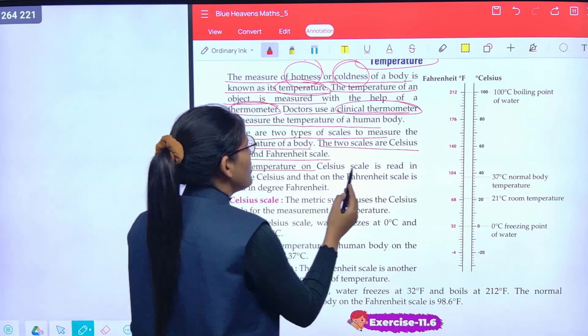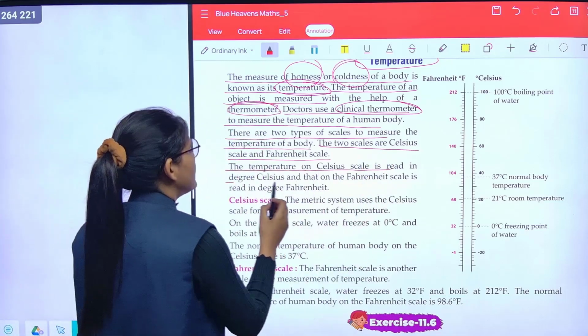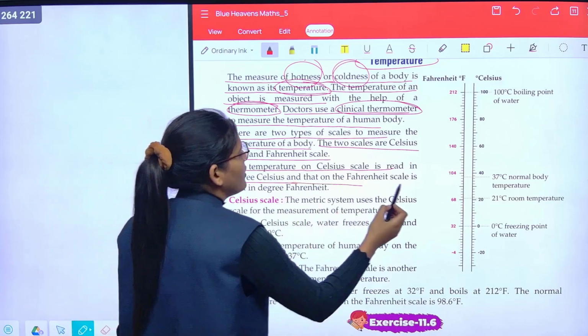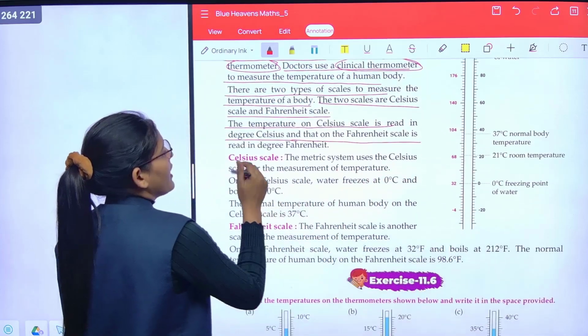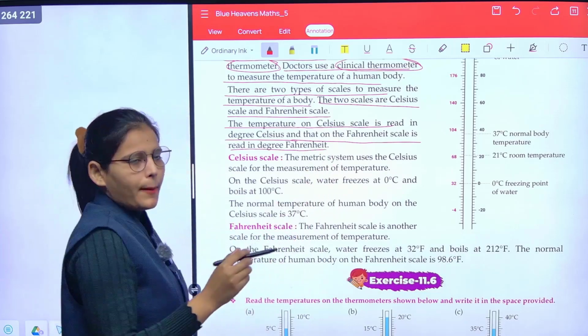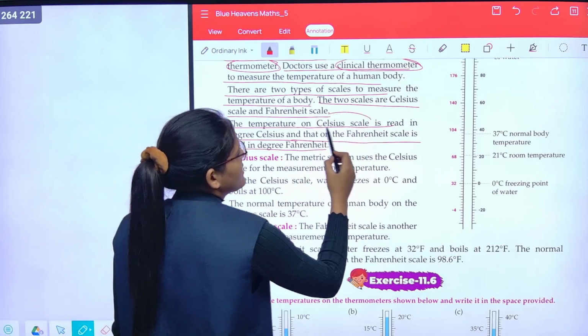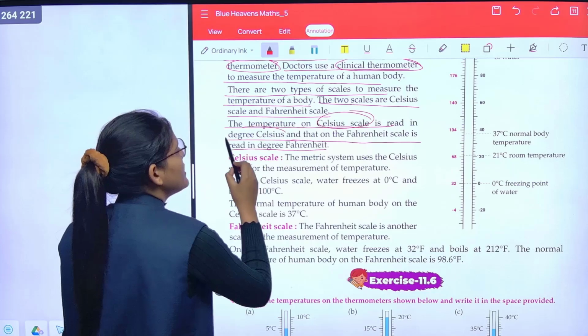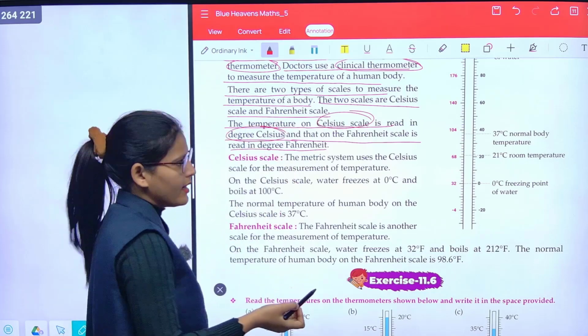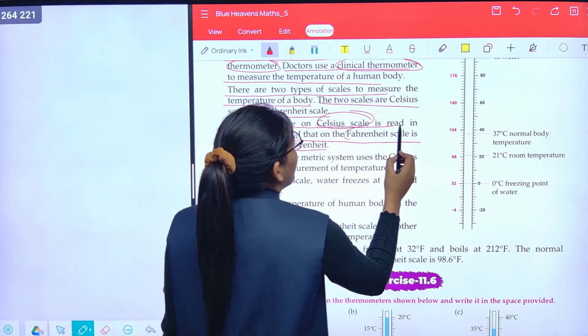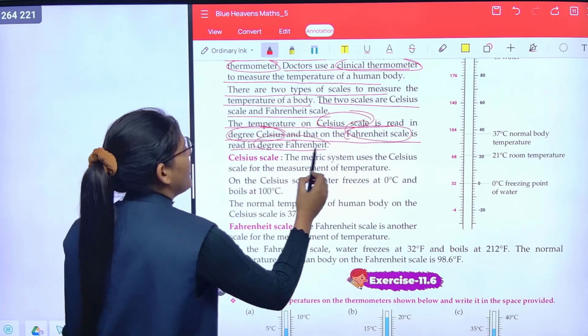The temperature on the Celsius scale is read in degrees Celsius and that on the Fahrenheit scale is read in degrees Fahrenheit. For the Fahrenheit scale we use degree Fahrenheit.